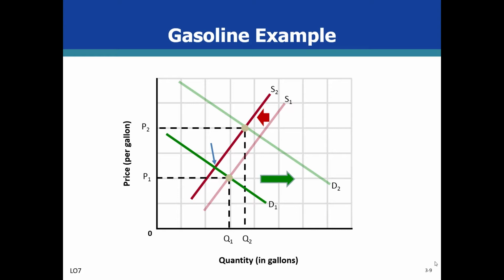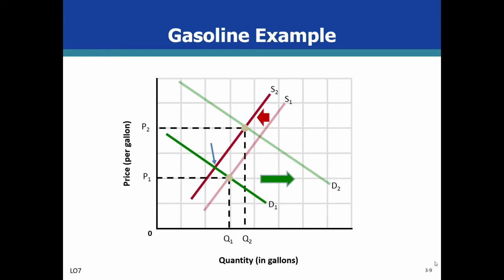What is the end result of both of the moves? Price ends up at P2, based upon the significant increase in demand that outweighs the decrease in supply. Equilibrium quantity also increases to Q2. Demand still generated a higher quantity supplied even with the shift in supply.